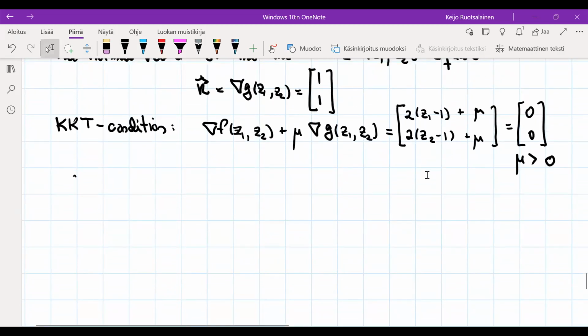So if I take the conditions here, from the first condition I get Z1 equals 1 minus mu over 2. Z2 equals also 1 minus mu over 2. Z1 and Z2 is the point on the boundary of our constraint set.